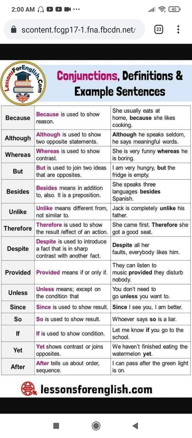Next, whereas, a very widely used conjunction, for contrast. When you like to show the contrast, the difference, the wide gap, you use the word whereas. For example: The elder brother is very studious. He gets the highest marks in exams, whereas the younger brother is very lethargic, very inattentive in studies.